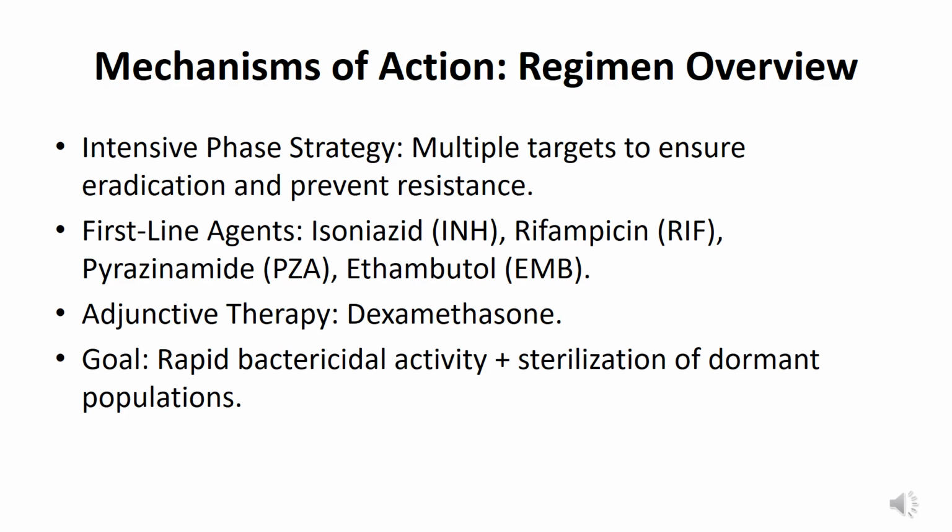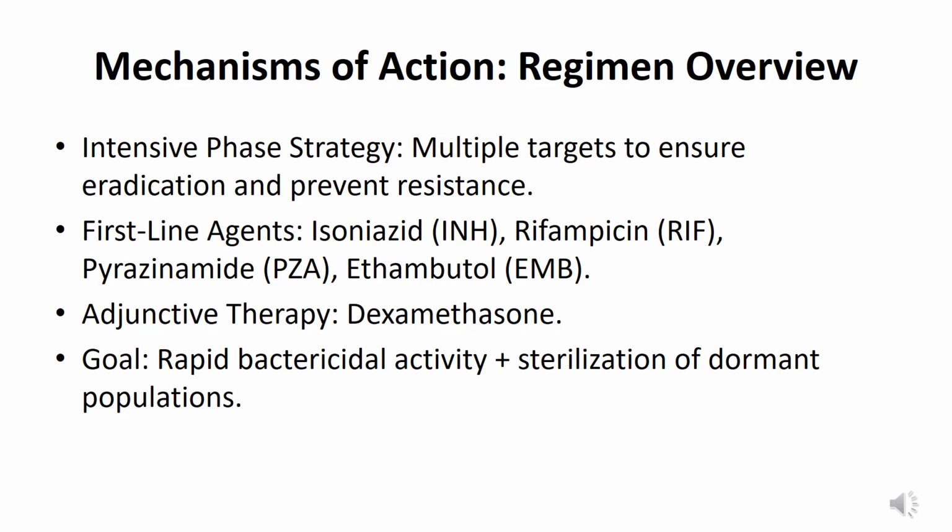By controlling excessive inflammation, dexamethasone can decrease complications and improve clinical outcomes. The overall treatment strategy therefore combines antimicrobial therapy with inflammation control. The anti-TB drugs work to eliminate the infection. Dexamethasone helps protect the brain from the harmful effects of the inflammatory response.